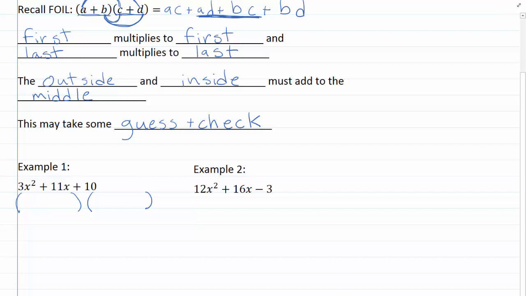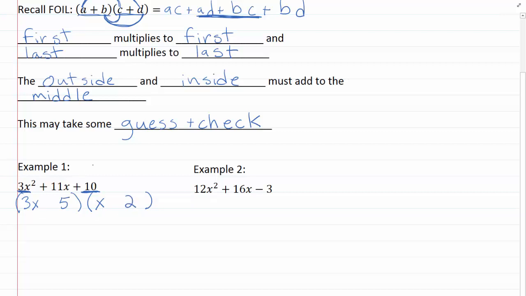And our first rule says that we want the first terms to multiply together to this first term. So in this case, looks like probably we want something like a 3x and an x. Then we also want our last terms to multiply together to give us this 10 right here. So let's try 5 and 2.